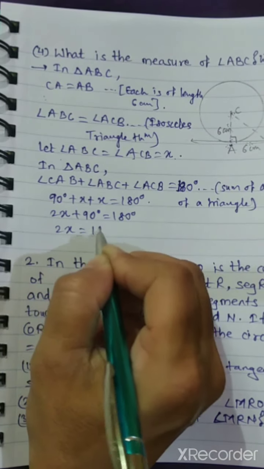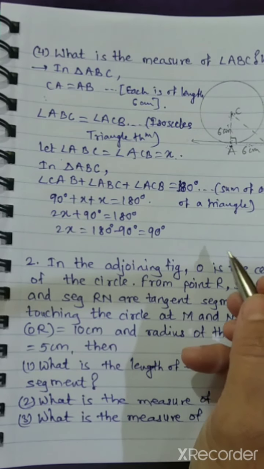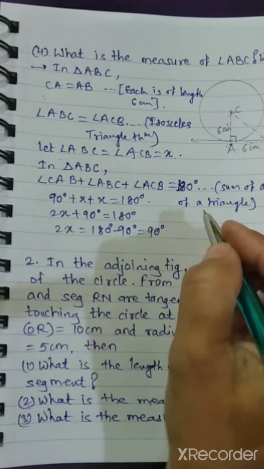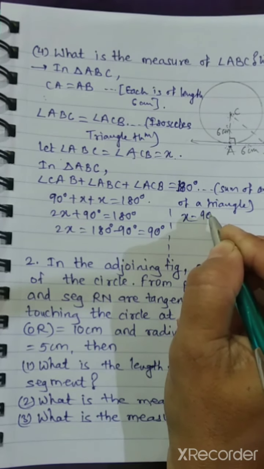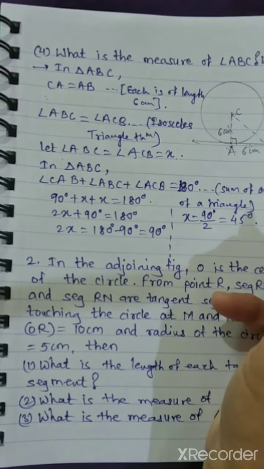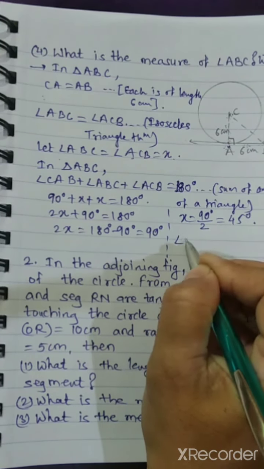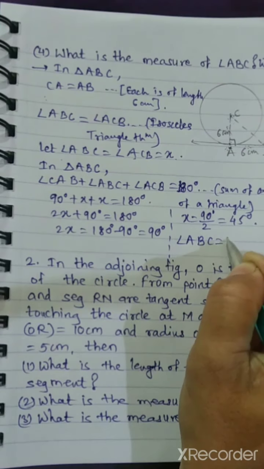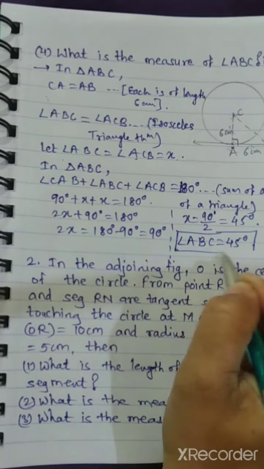So 2x is equal to 180 minus 90, which is 90 degree. Therefore x is equal to 90 degree upon 2, that is 45 degree. Therefore angle ABC is equal to 45 degree. In this way we find out angle ABC.